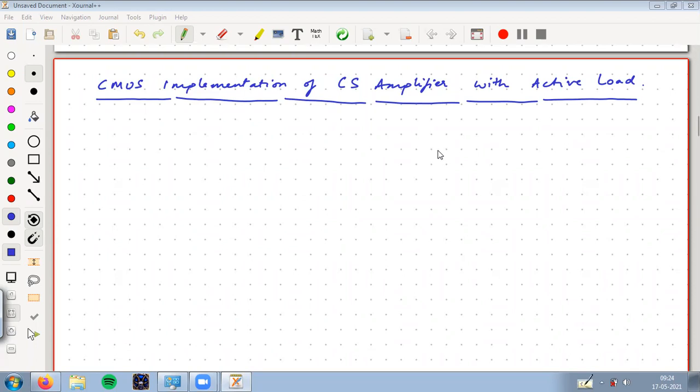So CMOS implementation of a CS amplifier with active load. Here your active load is a PMOS transistor which is connected in a current mirror configuration. How does the diagram look? Let me draw it. I have VDD here.